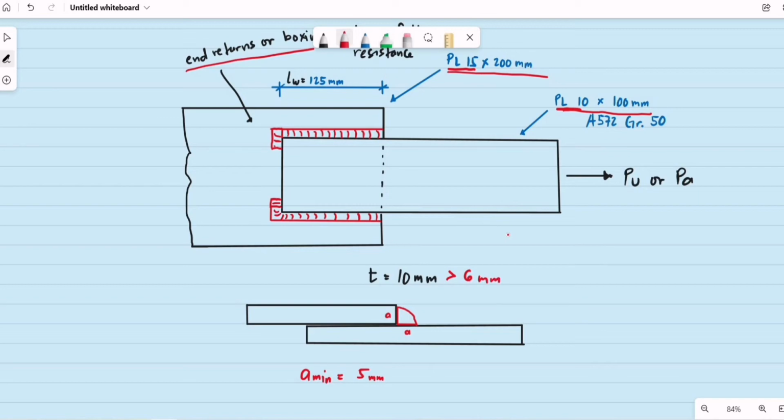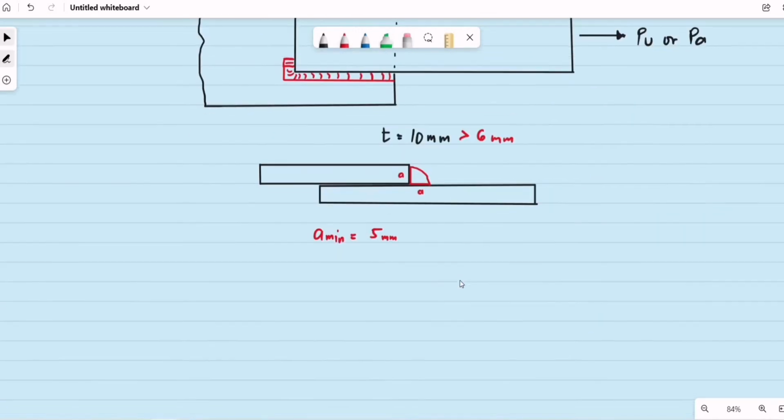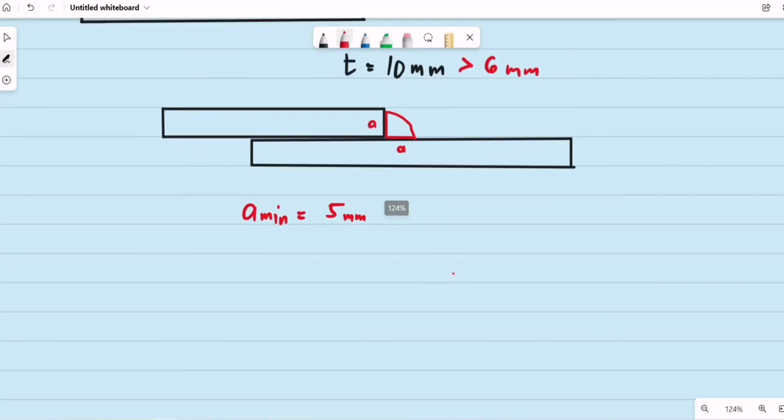So since for this example the thickness of our plate is greater than 6 mm, for the maximum possible dimension of the leg, this is our A max. The thickness of our plate is 10 millimeters, so we subtract 1.6 mm, and this is equal to 8.4 millimeters.